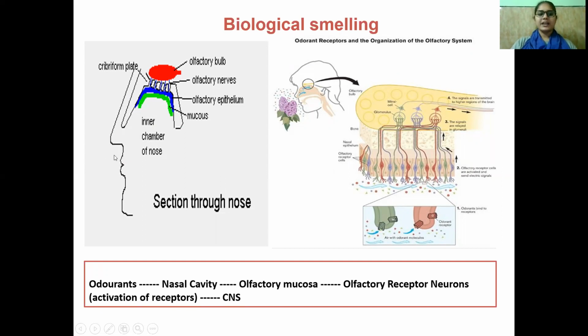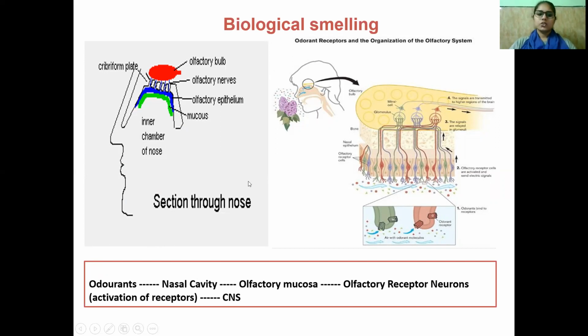By inhaling, the odorant in the atmosphere goes inside the nasal cavity, where the olfactory mucosa connects to the olfactory receptors. These odorants bind with the olfactory receptors, which activates the receptor neurons, and the signal goes to the central nervous system. Then we identify the type of smell.